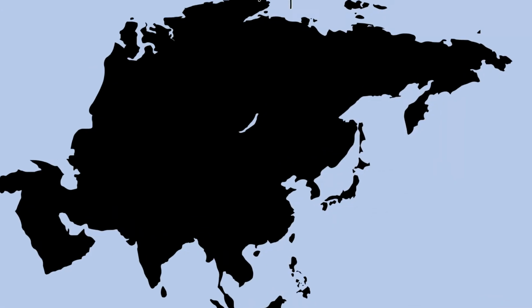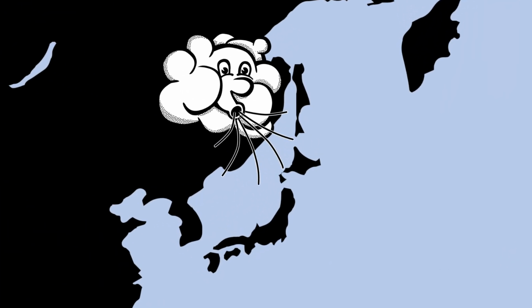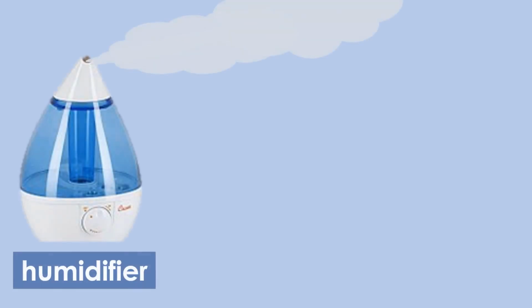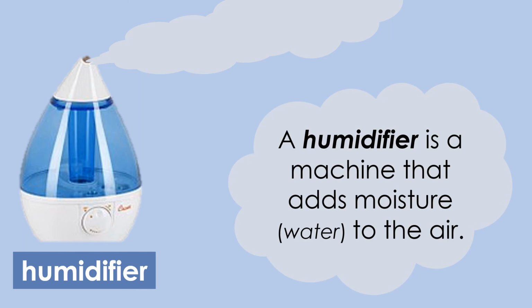Winter in Tokyo is much cooler than the summer. A cold wind comes from the north, making the air dry. In the winter, people in Tokyo may use a humidifier to make the air in their house or apartment more comfortable. A humidifier is a machine that adds moisture to the air.